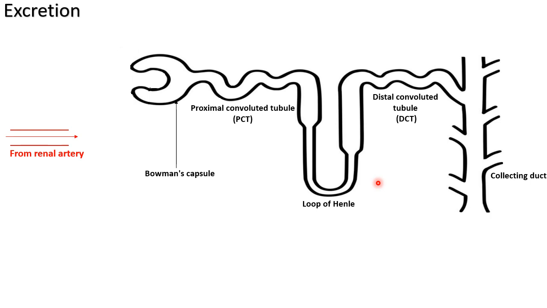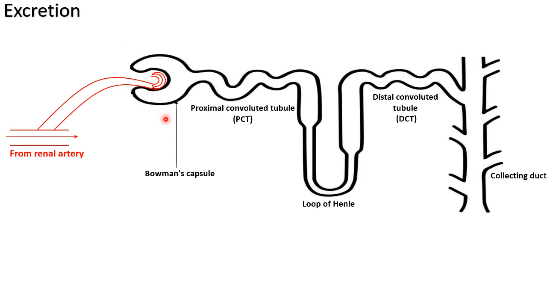What are these blood vessels called? Yes, the arterioles. So we have here an arteriole that branches out from the renal artery. After arterioles, we have tiny blood vessels called, yes, the blood capillaries. After this arteriole, we have a tuft of blood capillaries here.